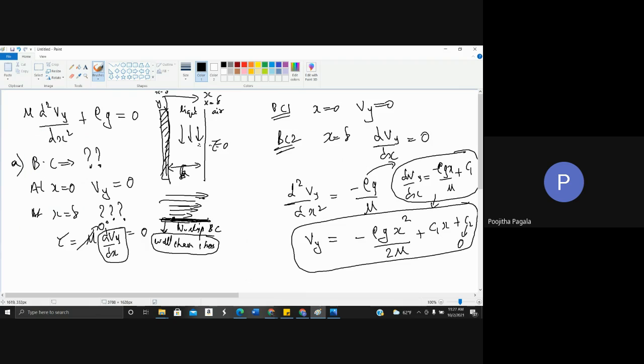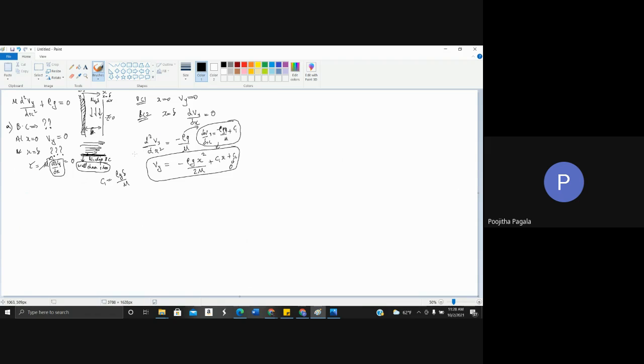We know that at x equal to delta, dVy by dx is 0. So substituting delta in this equation, we'll have c1 to be rho g delta by mu.